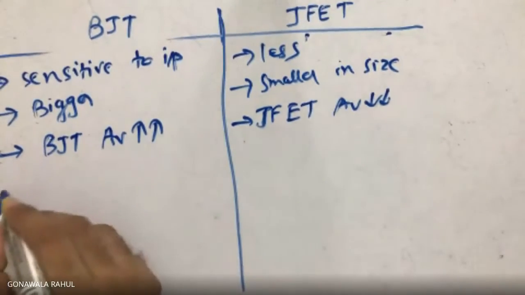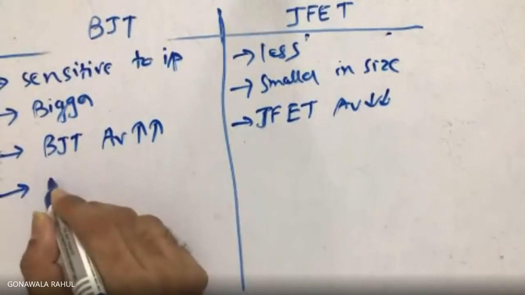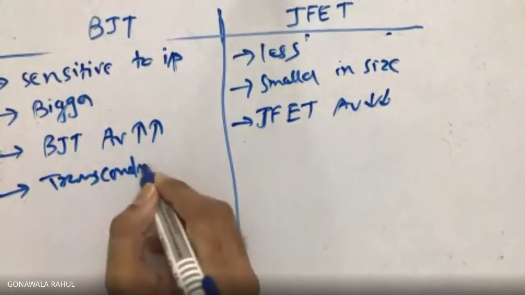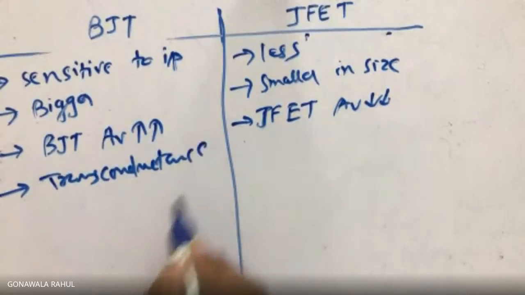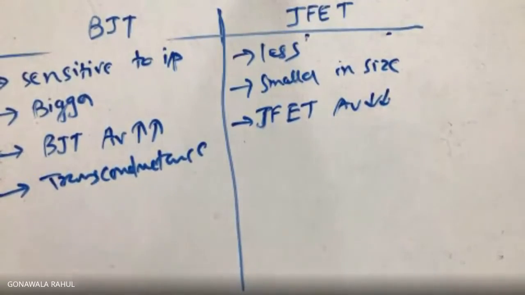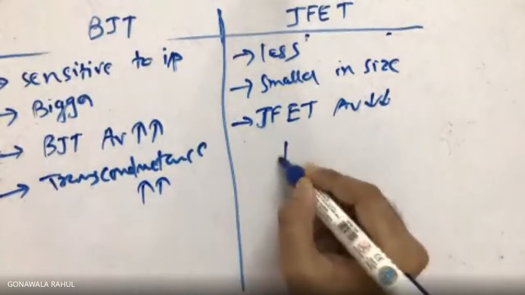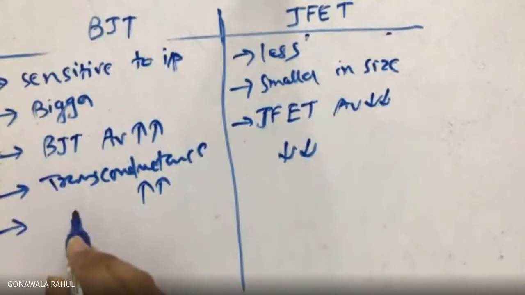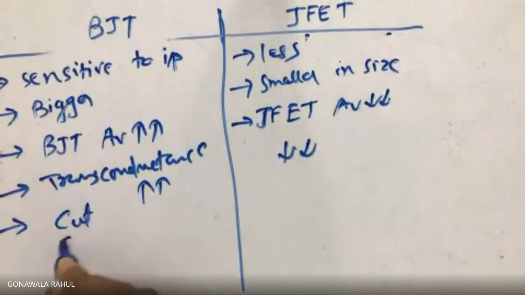Transconductance of BJT is higher. Transconductance we will see for JFET also. So it is higher for BJT, while for JFET it is smaller compared to that. Here region of operation was cutoff, saturation and active.